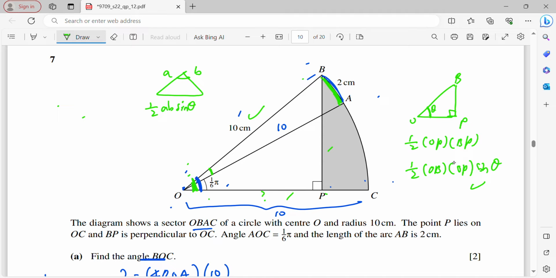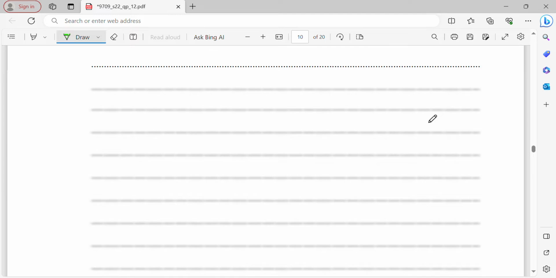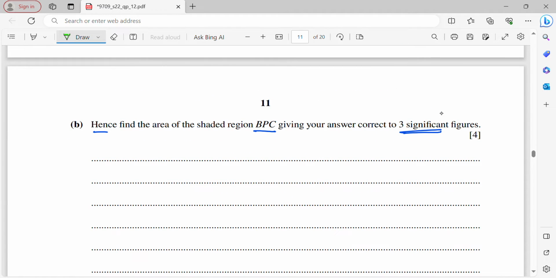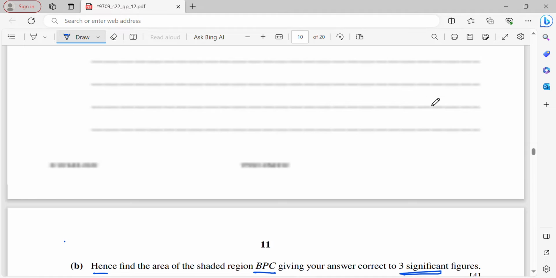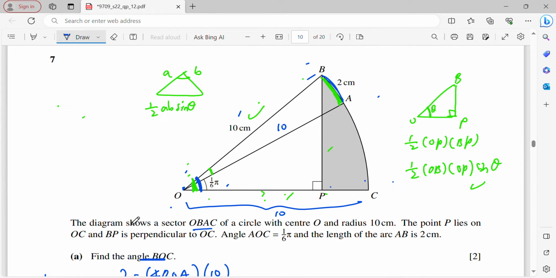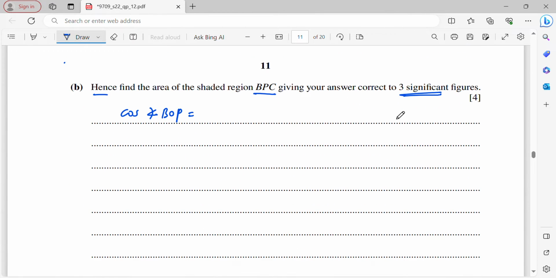Cos of this angle will be OP over OB. Then from there I can find the OP already. So I will start with cos of angle BOP equals OP over OB.